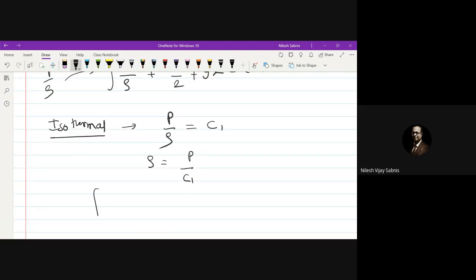Then integration of dP by rho will be equal to integration of dP divided by P upon C1.